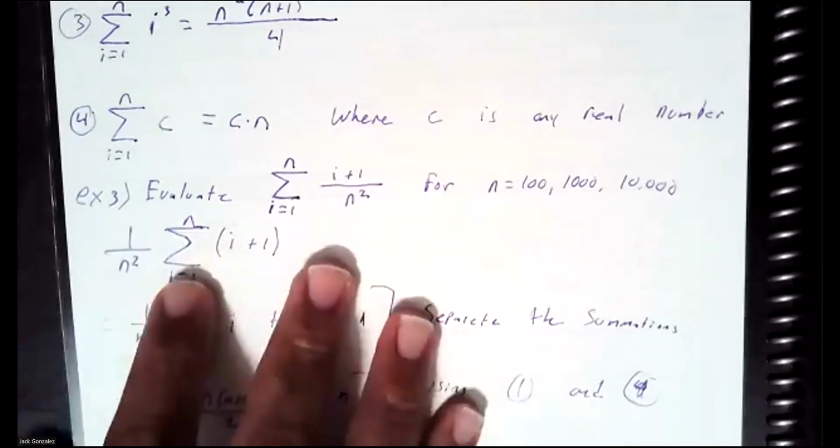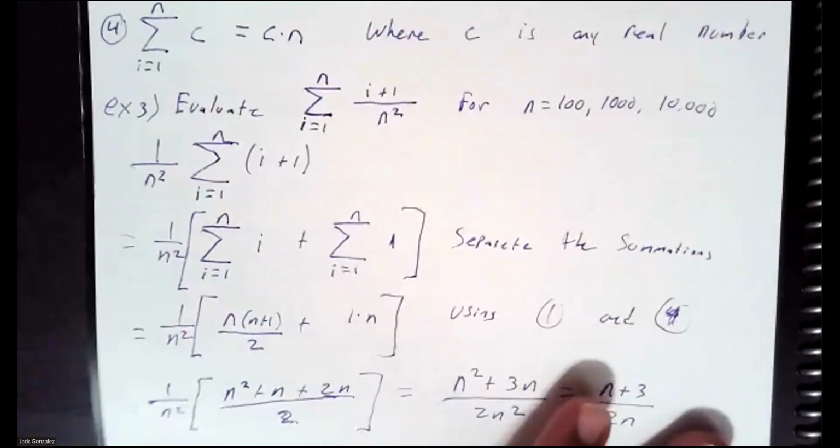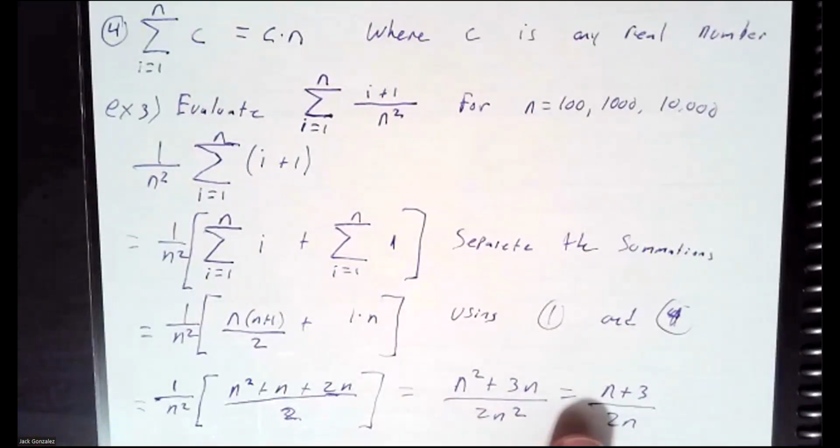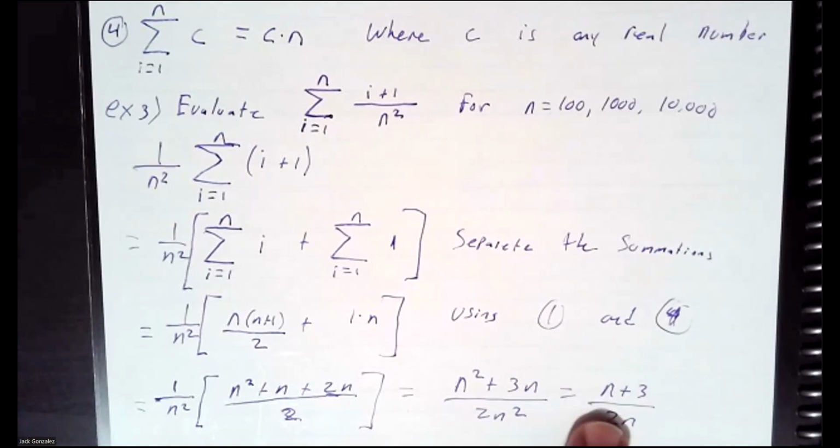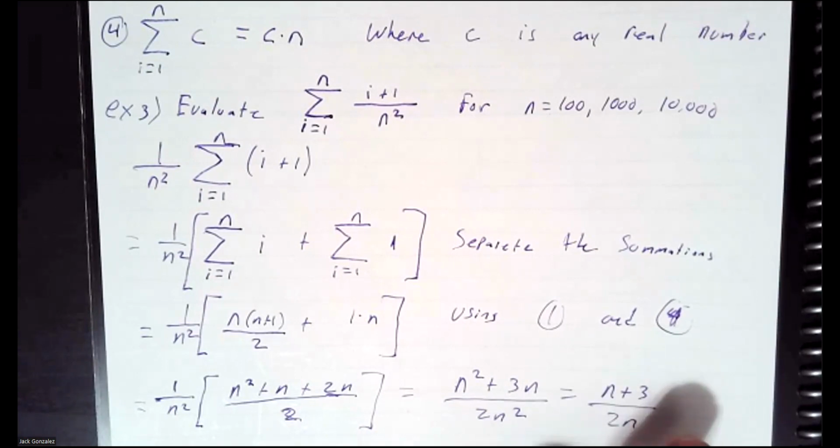Everything would be the same the whole way down. And then right when you get to the end, you would take a limit right here. As n goes to infinity, these would cancel and you'd have 1/2. You see what I mean? Yes, I do. So the limit question on this homework is not any different.